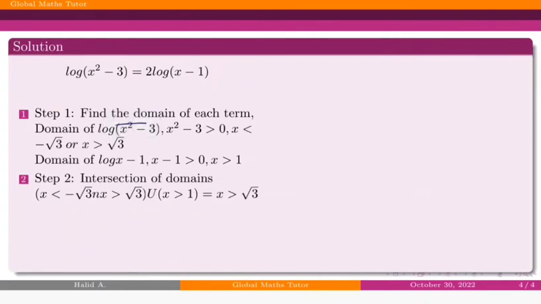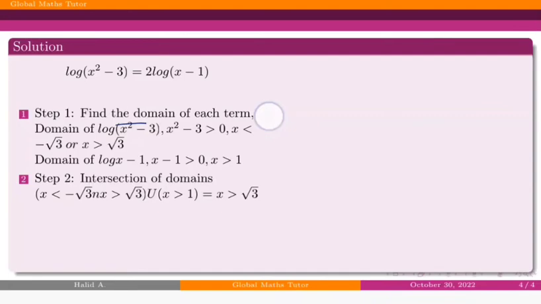So x squared minus 3 greater than 0 is satisfied if x is less than minus root 3 or x is greater than radical 3. If it is in between minus root 3 and root 3, it will be less than 0.